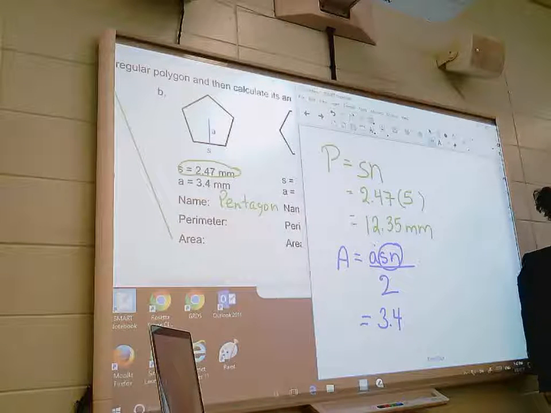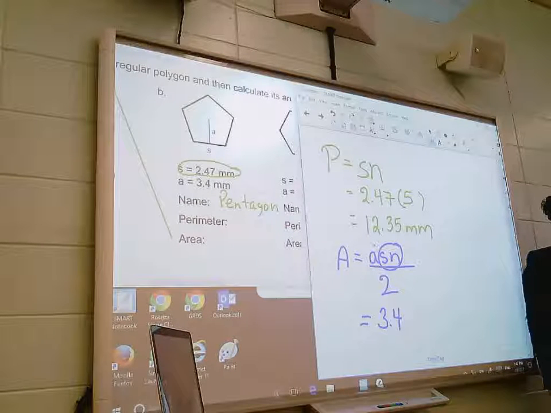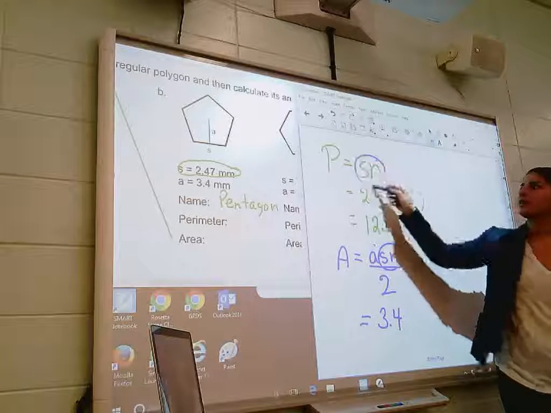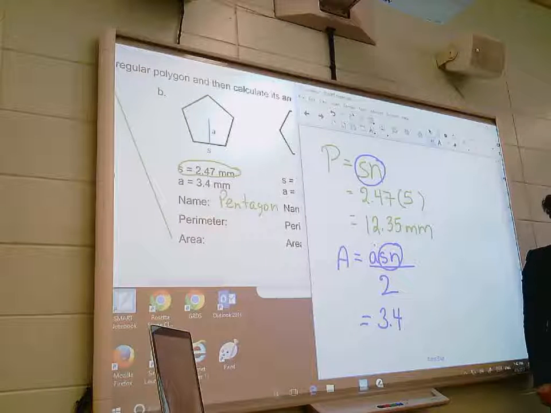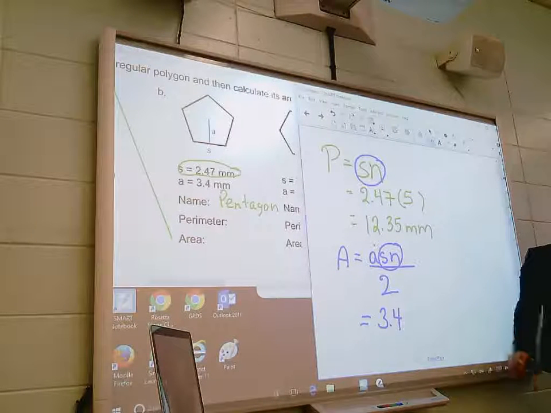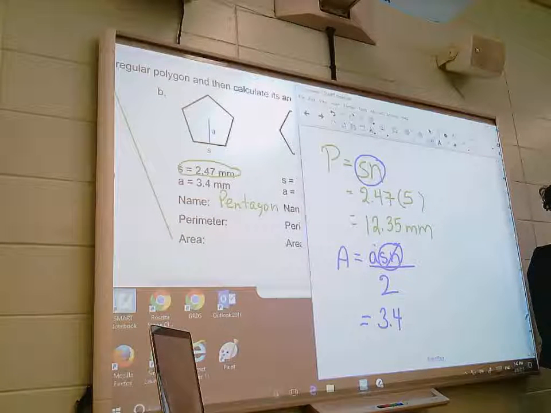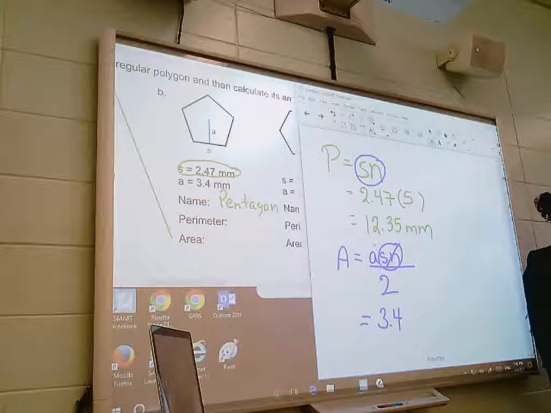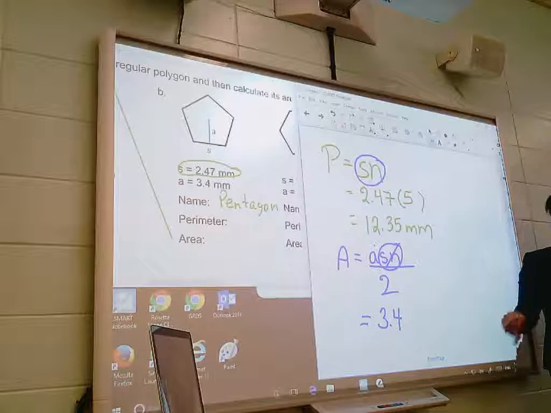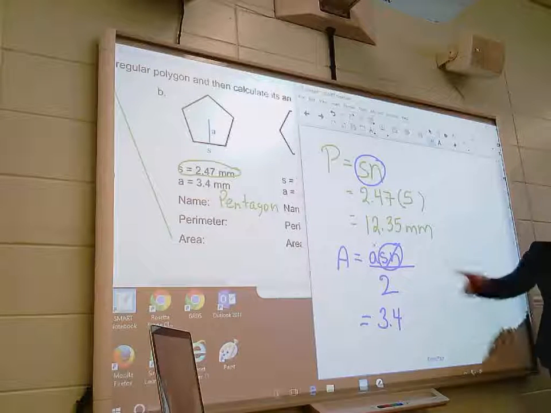What's S times N? I can actually replace this by the perimeter. SN is the perimeter.